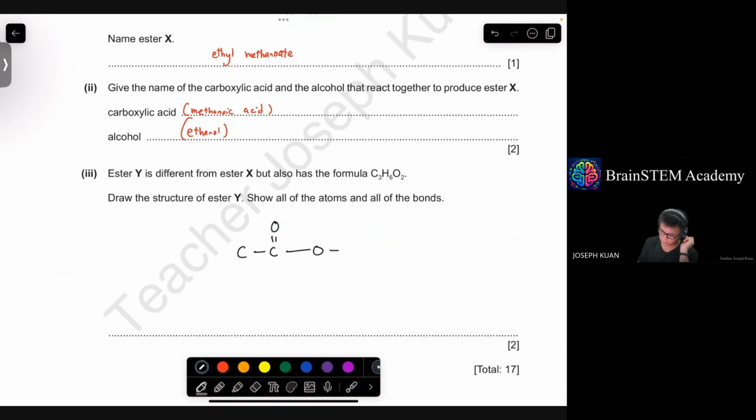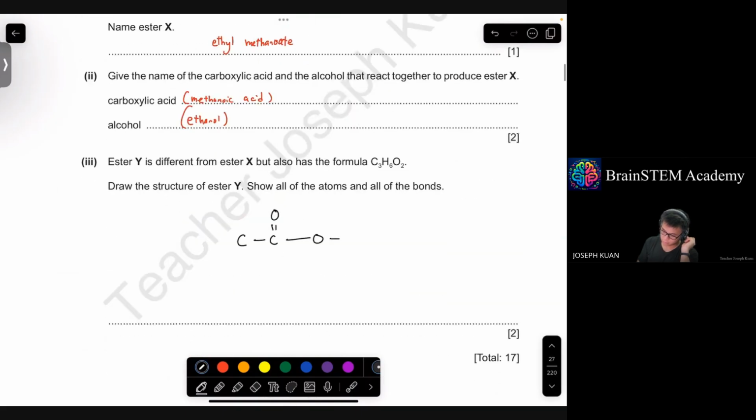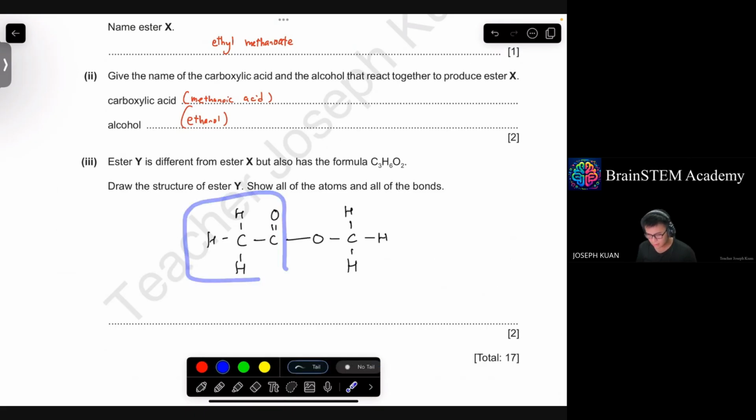Right, then we just draw this one. We'll have only 1 carbon left as we borrowed the CH2 to the other side. And we just need to fill in the rest with hydrogen. So this one is the ethanoic part, and this part is the methyl part.